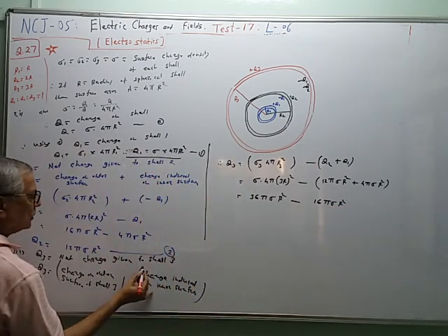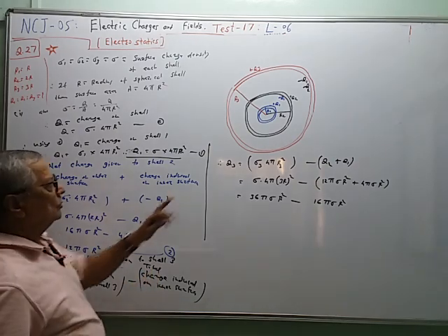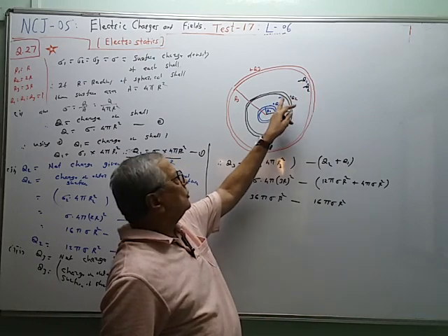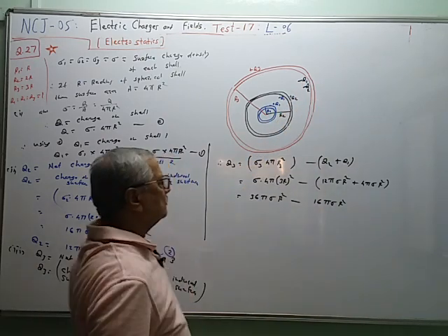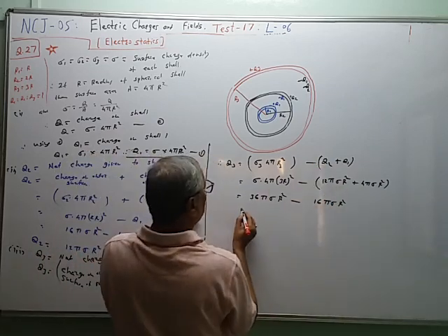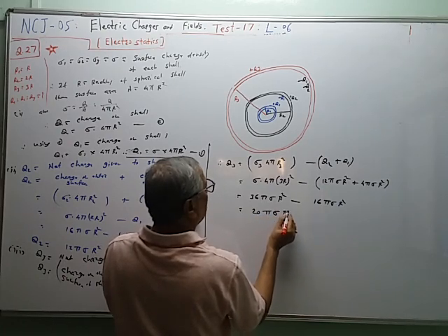This is the total charge induced. Q1 charge is given, therefore minus Q1 charge is induced. Q2 charge is given, therefore minus Q2 charge is induced. So we have added these two because this is the total charge induced. So this is equal to 20 pi sigma R square.